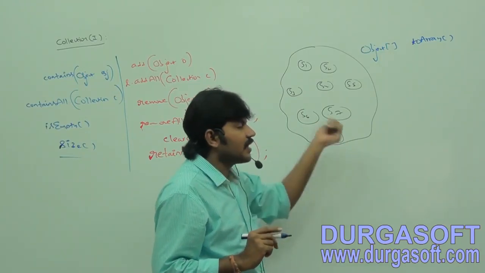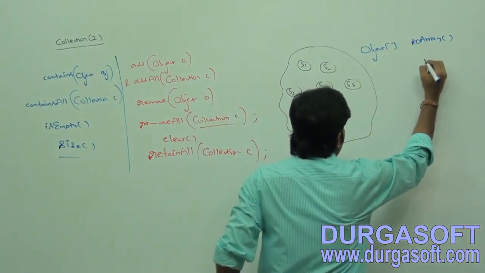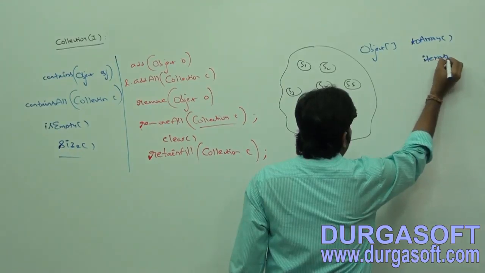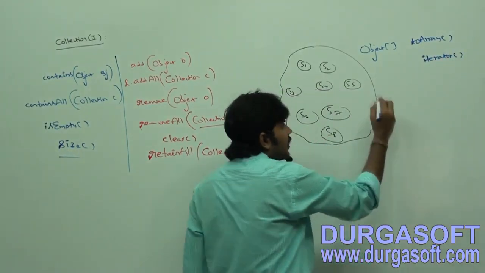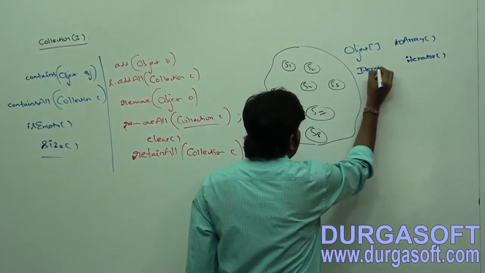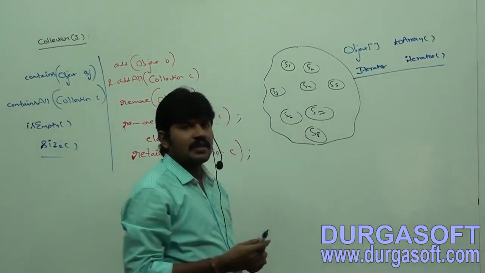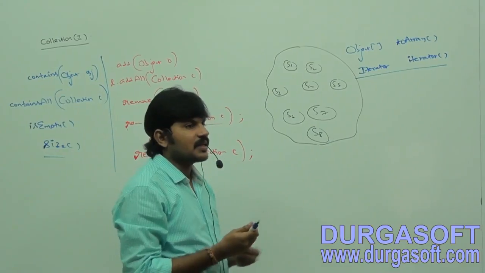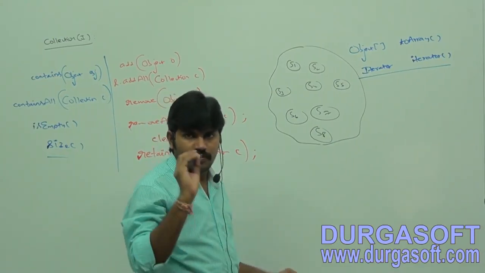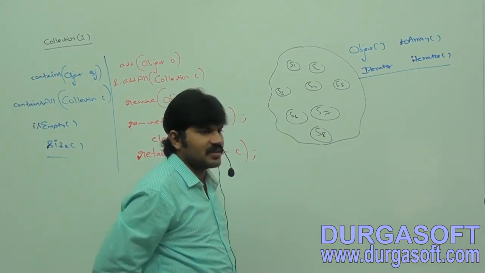So how can I get the iterator object? We have to call the iterator method. The iterator method returns an iterator object. Are you able to understand? Make sure you have clear clarity. Any explanation required?